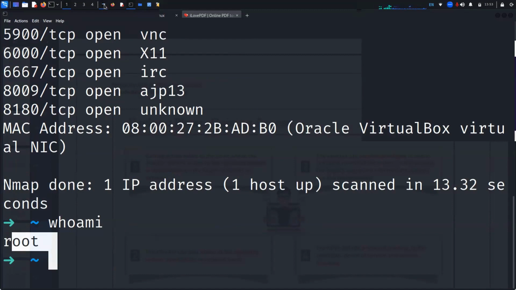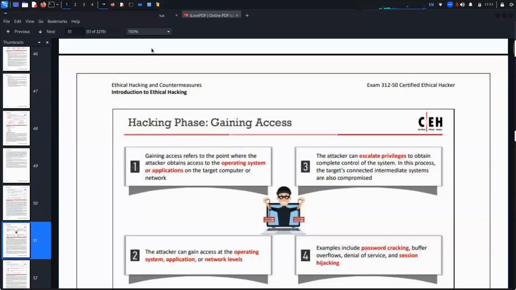So administrator has a different set of privileges. If you want to delete a file from the C drive, you will require administrative privileges. Similarly, if you want to delete a file on Linux or run a scan that requires privileges, you have to be root. Now, usually whenever a computer is allocated to you in an organization, it's given to you in the least privilege configuration, in the sense that you are not administrator of your computer, right?